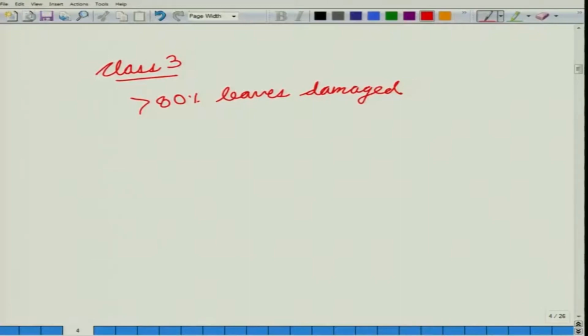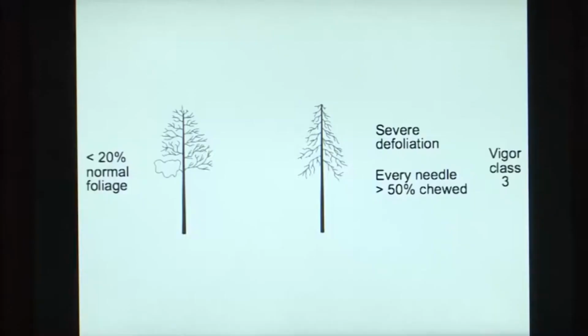So, coming back to the slides, here we are seeing less than 20% normal foliage, or maybe this sapling has a severe defoliation, or maybe every needle or greater than 50% of the needles are chewed. So, this will be called a vigor class 3.